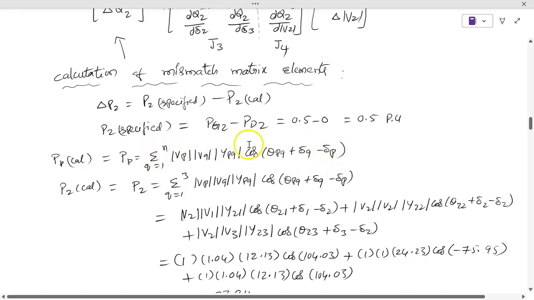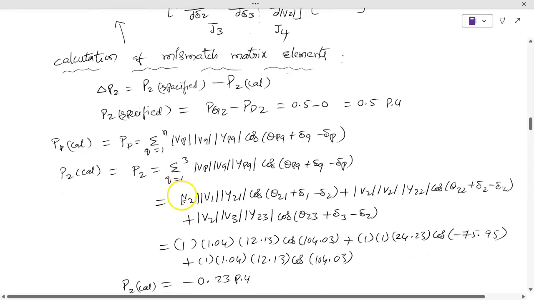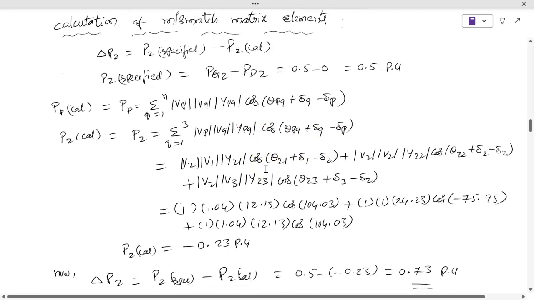This is the P equation. Here for P2 calculated, the P value is 2 and Q is equal to 1 to N, that is 3.